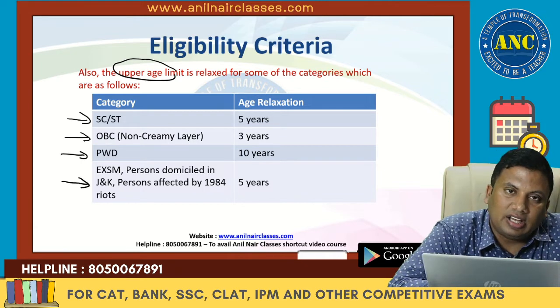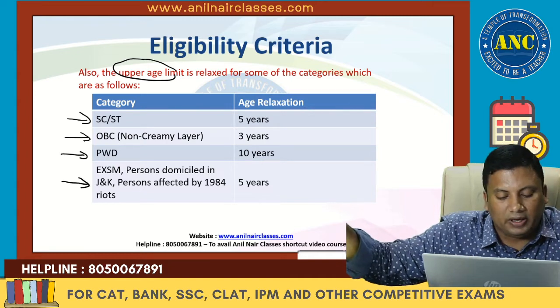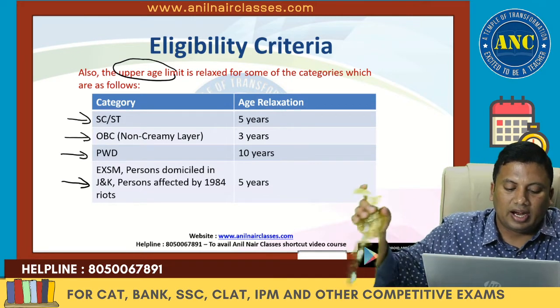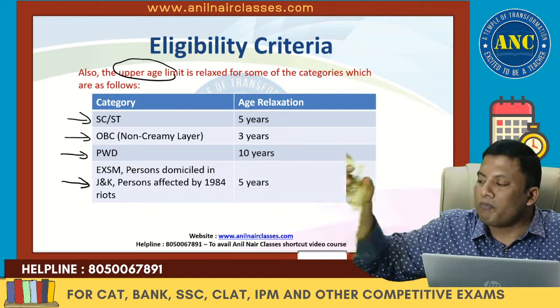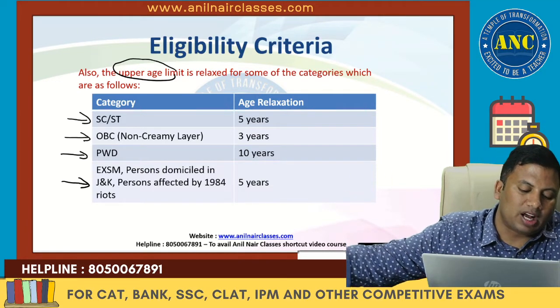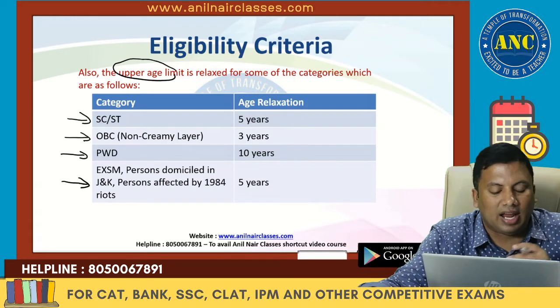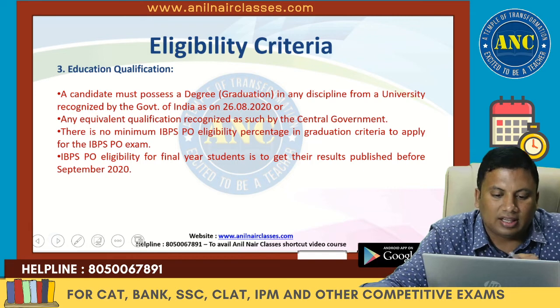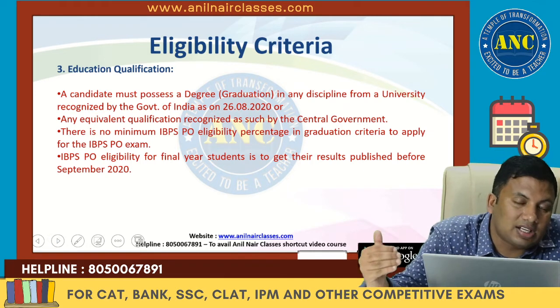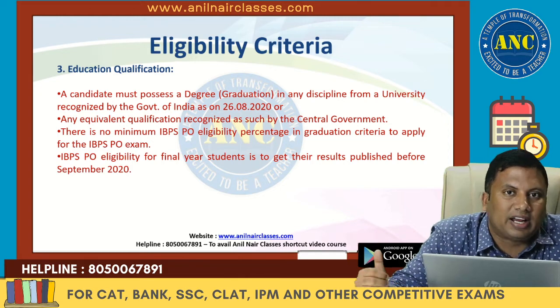SC, ST 5 years, non-creamy layer 3 years, PWD 10 years. Another important criteria: nationality eligibility criteria we have seen, age limit criteria we have seen.